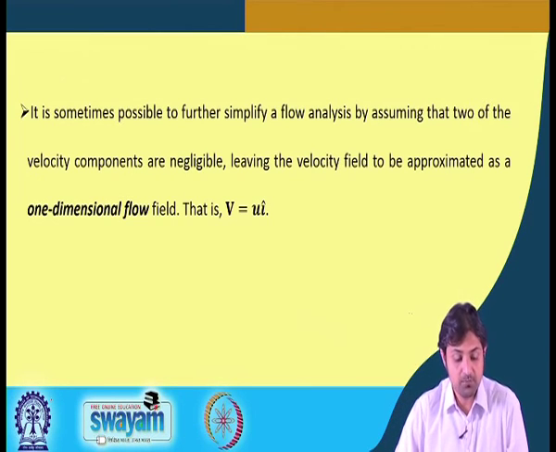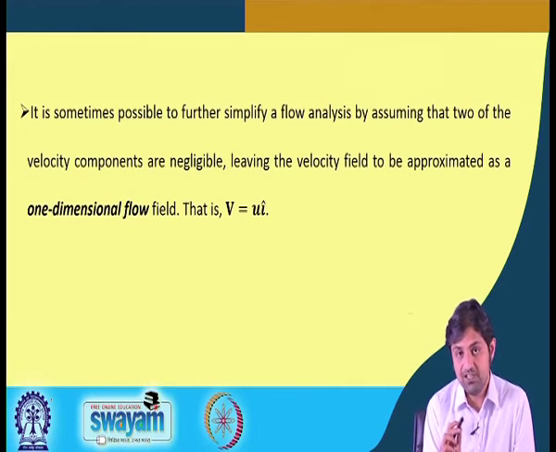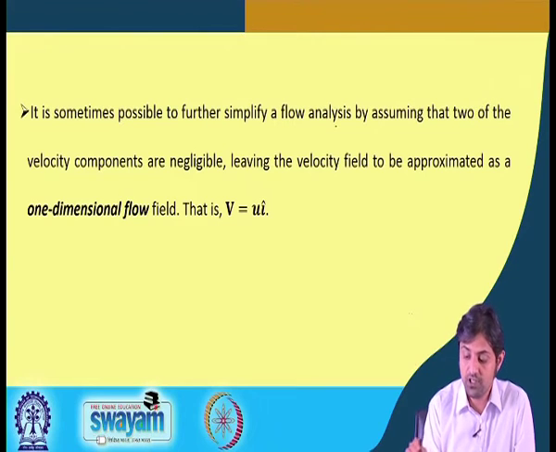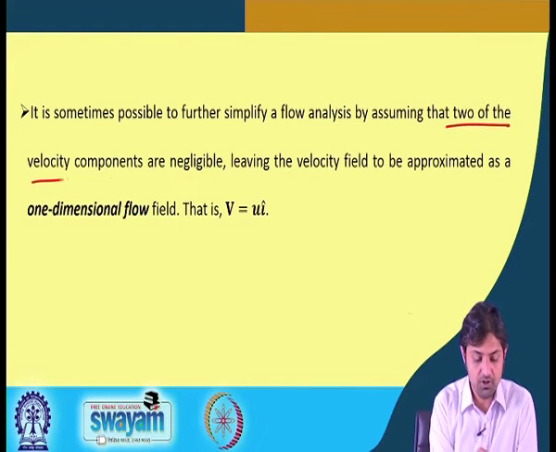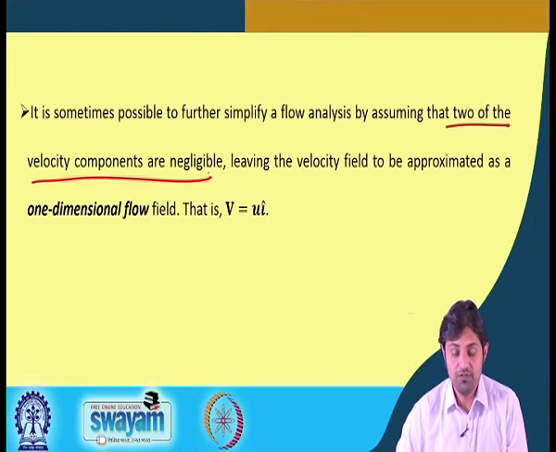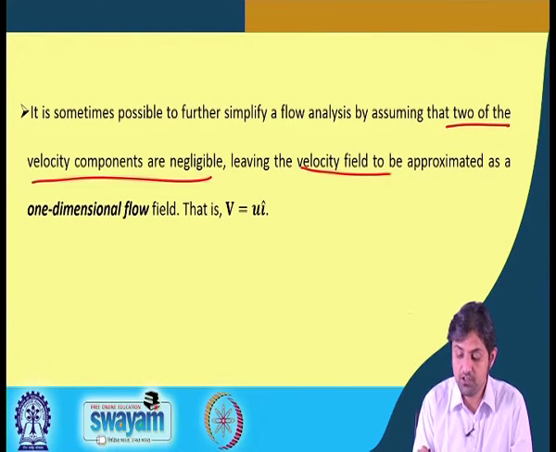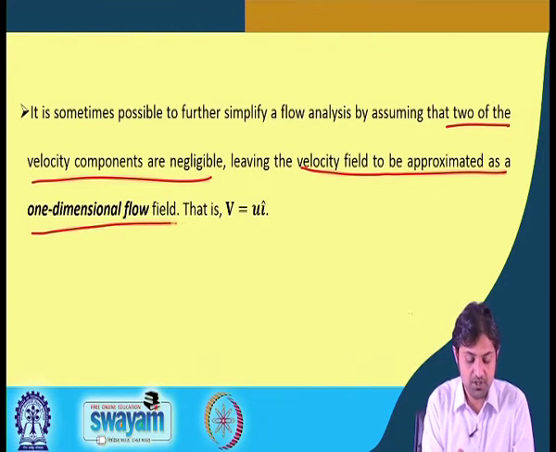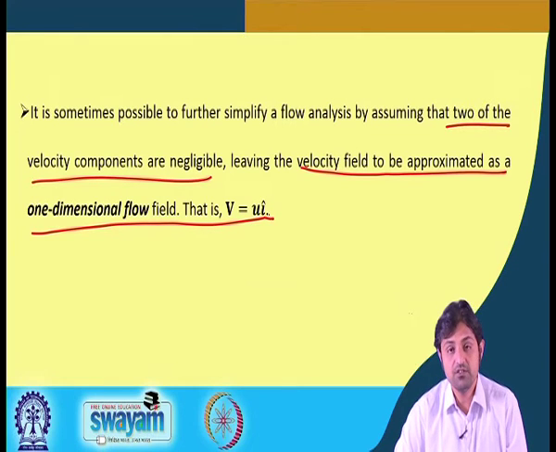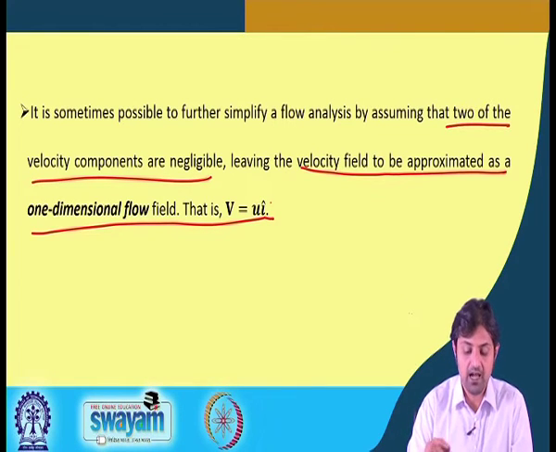It is sometimes possible to further simplify a flow analysis by assuming that two of the velocity components are negligible. So, we saw that one component was negligible, but there can be situations where two of the velocity components are negligible, which would leave the velocity field to be approximated as a one-dimensional flow field, that is V equal to u i cap.